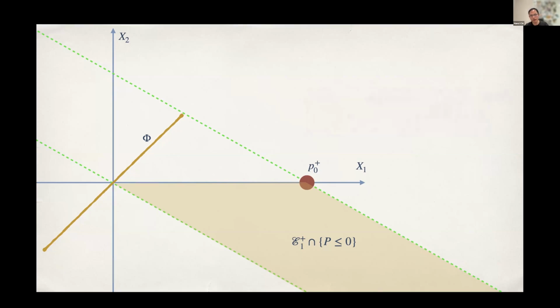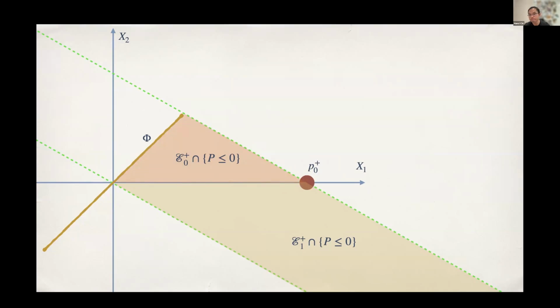And what is more interesting is the region where X2 is larger than 0 and P is less than 0. In this particular region, how large the quantity A is actually plays a role.